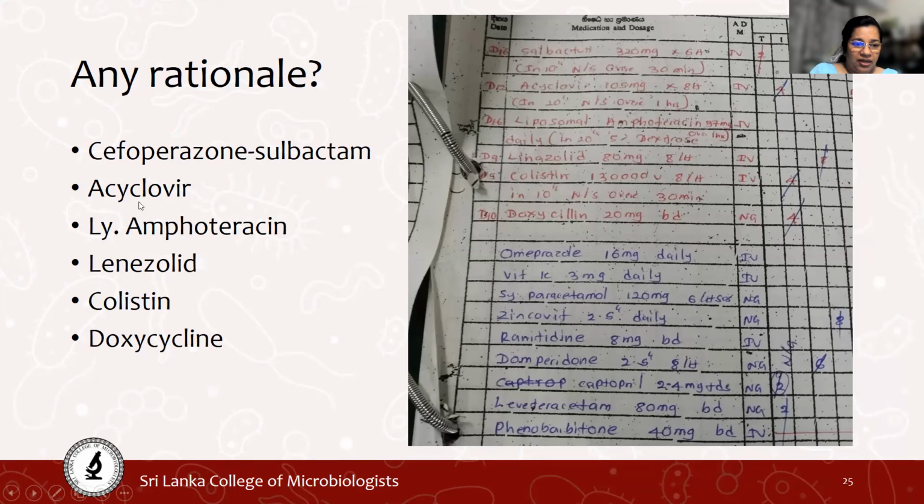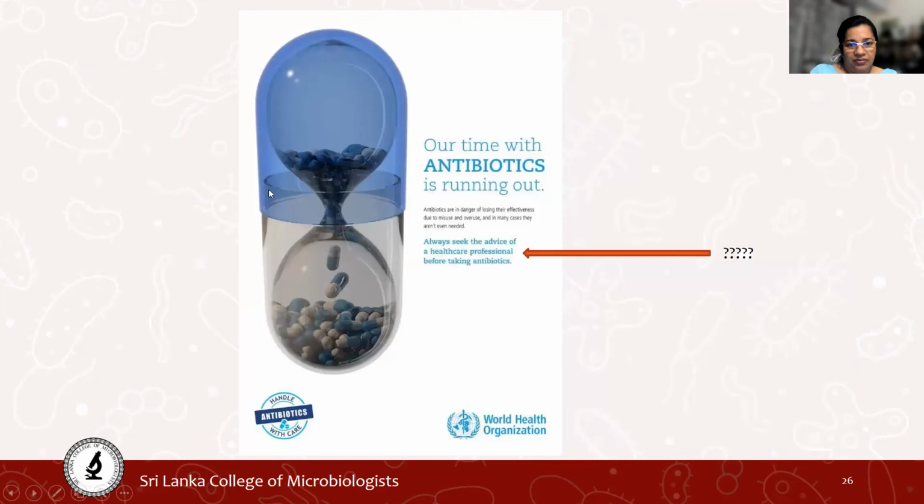Whatever is available in Sri Lanka, the last resorts are here, colistin, linezolid and liposomal amphotericin. So I wonder whether the child has viral, fungal, MRSA, multi-resistant gram-negative and atypical infections. So we need to think before starting antibiotics.